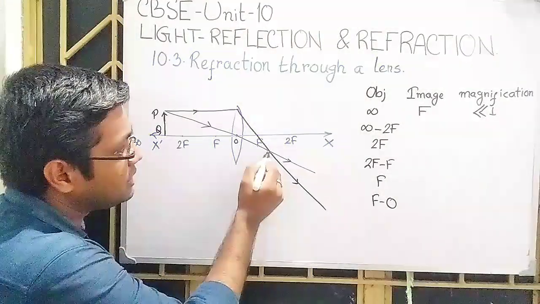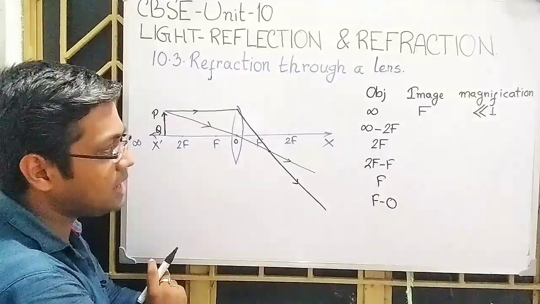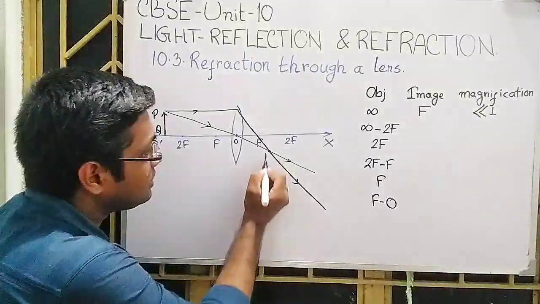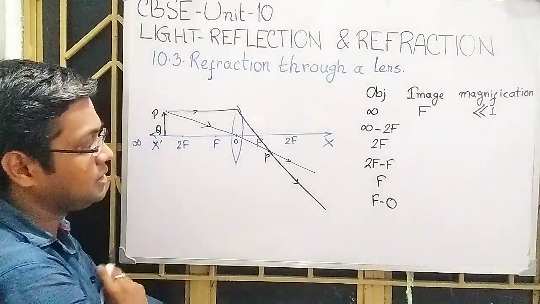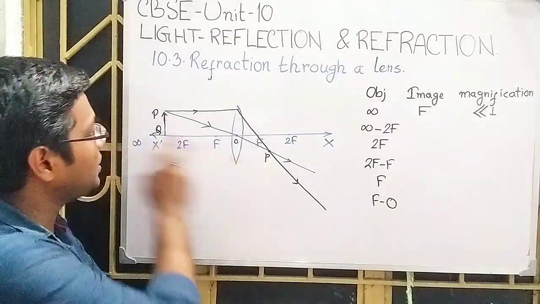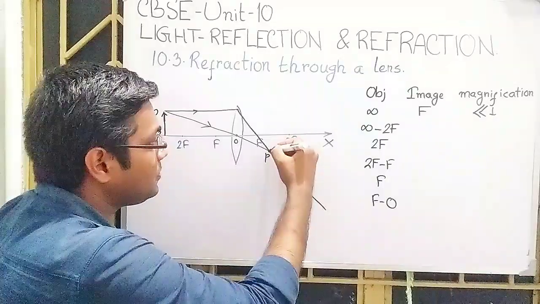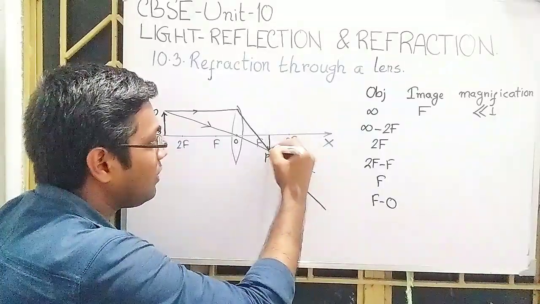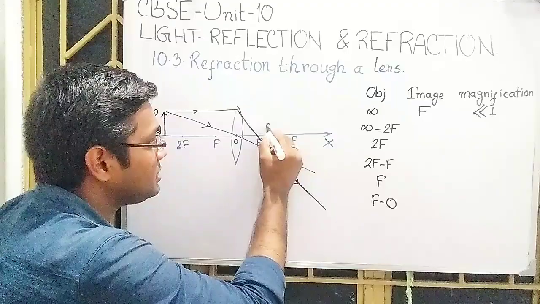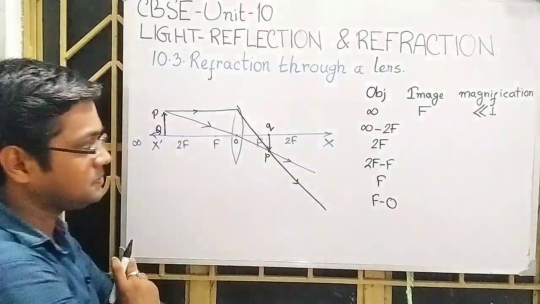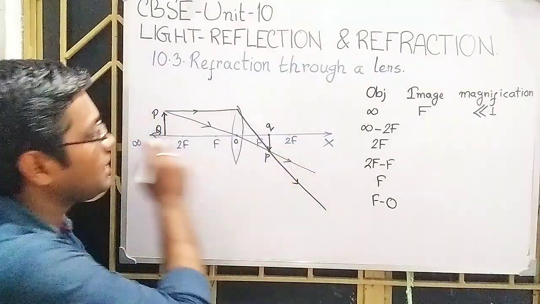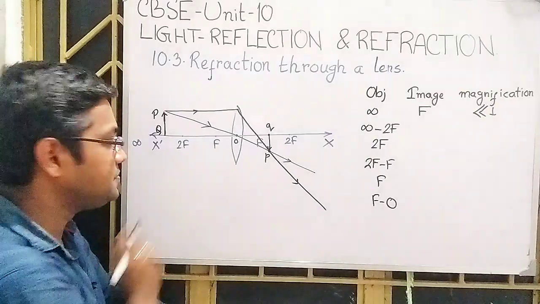These two refracted rays intersect at this point. This is small p. So small p is the image of capital P. If I draw a perpendicular from small p on the principal axis, it will intersect at the point small q. So small pq is the image of capital PQ.